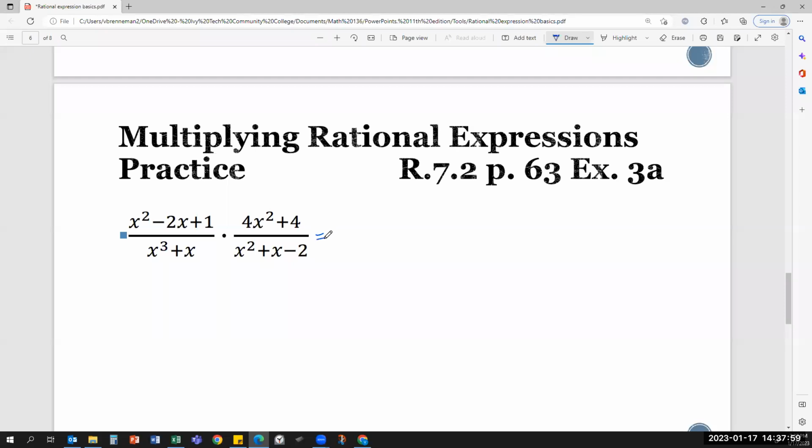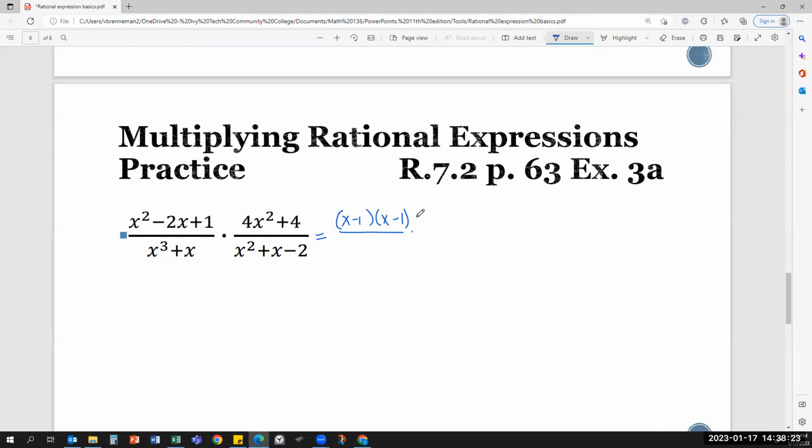So if I rewrite this, I'm factoring the tops and the bottoms. We have x squared minus 2x plus 1, which is x minus 1 times another x minus 1. There's a whole other set of videos over factoring, so I'm not demonstrating that process here.